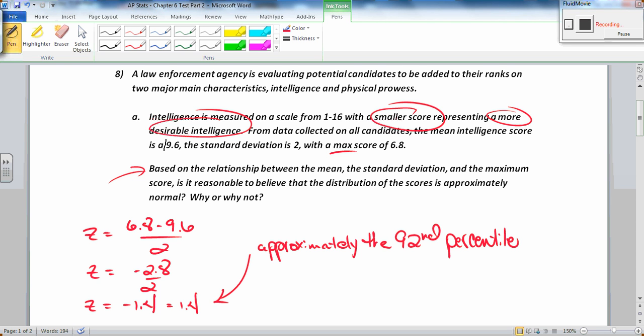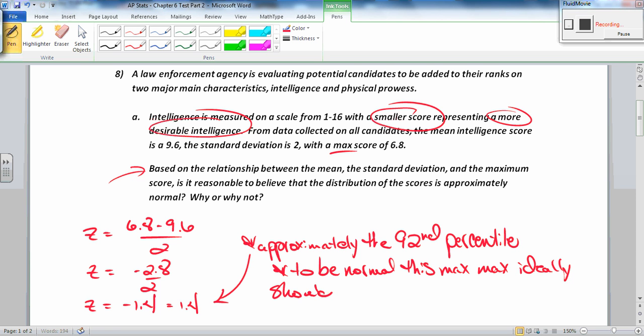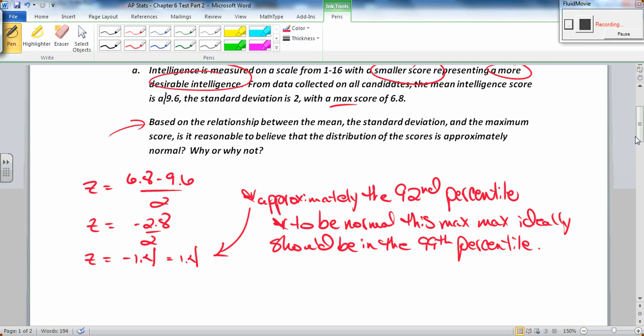Now, given that this is the max score, to be normal, this max score ideally should be in the 99th percentile, I would say, but no less than the 98th percentile.